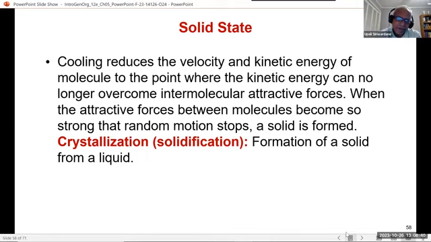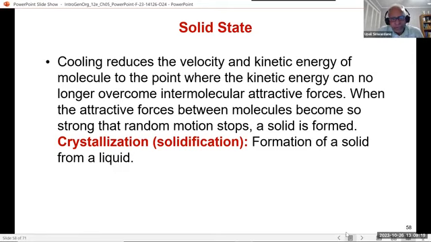As the kinetic energy becomes low, intermolecular attractive forces can overcome the kinetic energy. Therefore, particles come close together and stay in fixed positions. Random motion stops and a solid is formed. Normally, we call this solidification. A liquid becoming a solid is called solidification.